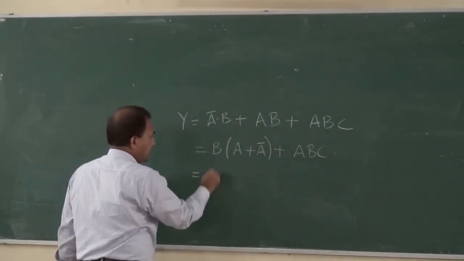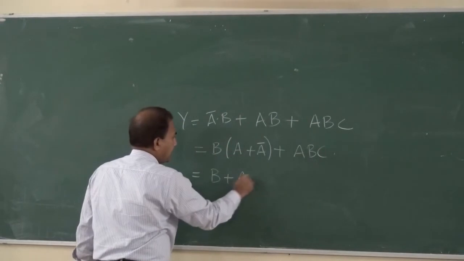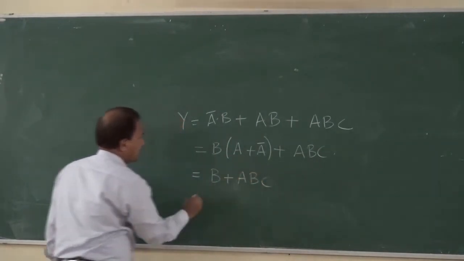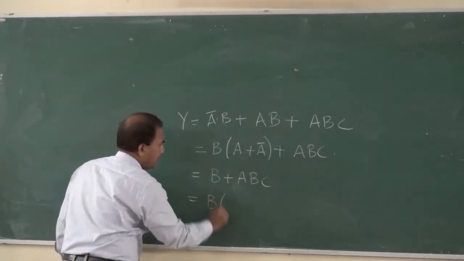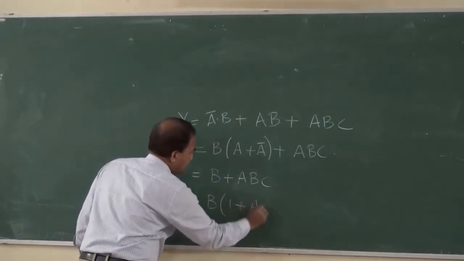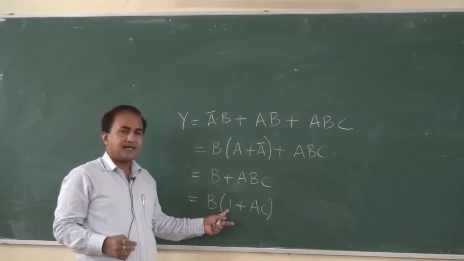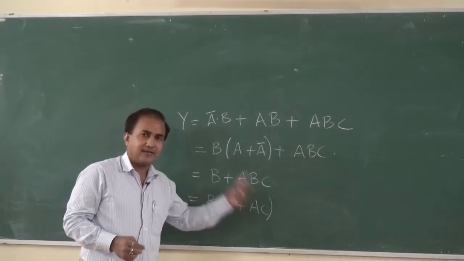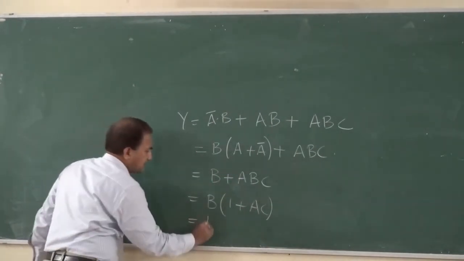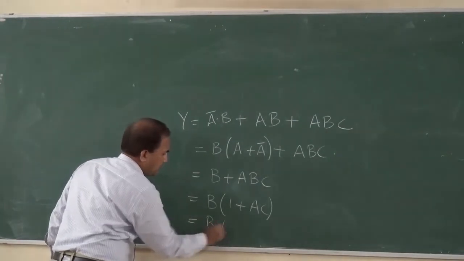So it is equal to B plus ABC, which is equal to B into 1 plus AC. Now 1 plus any variable is always equal to 1.